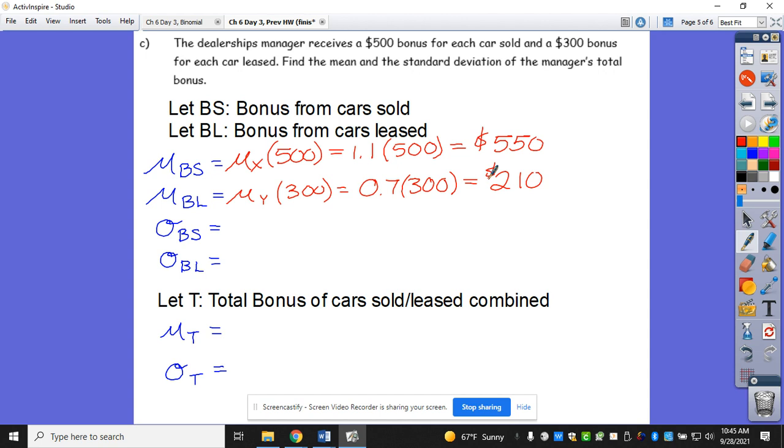So I'm just multiplying. So how do I get sigma here? How do I get sigma for my bonus? Because I do multiply directly to standard deviation, I just don't add or subtract. And then my original standard deviation was, and this is one we had also already done in the notes.